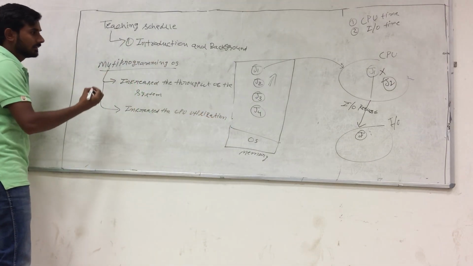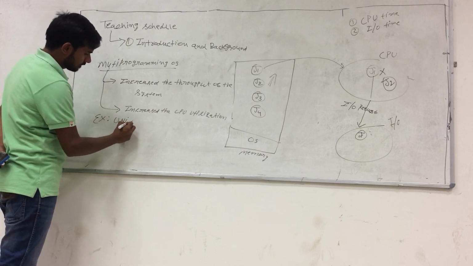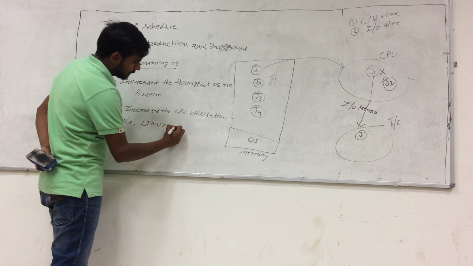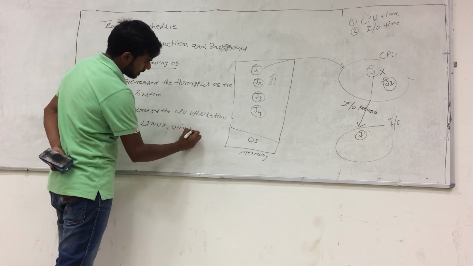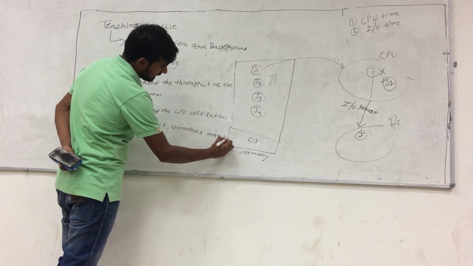Examples of the multi-programming operating system may be Unix, Linux, Windows, Mac operating system, etc.